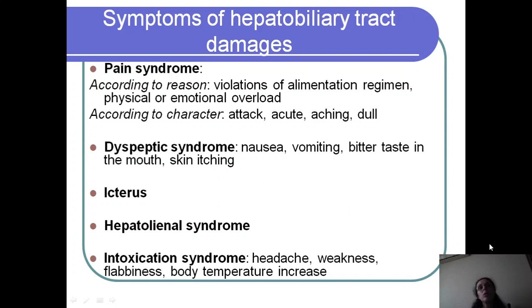It may also be related to, for example, insufficiency of the liver cells to convert indirect bilirubin into direct bilirubin, and as a result indirect bilirubin is accumulating in the bloodstream and causing jaundice, and so on and so forth. So in all of these cases the child gets a yellowish shade of skin and mucous membranes, or just mucous membranes.